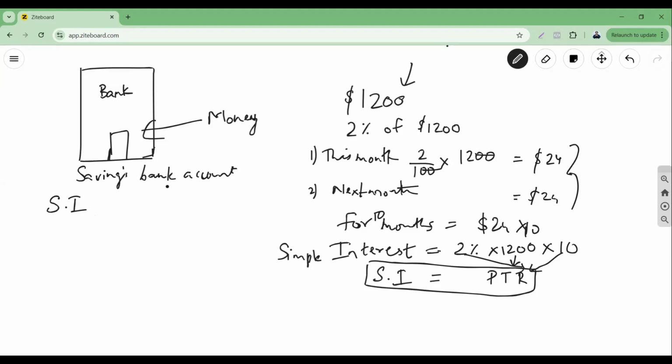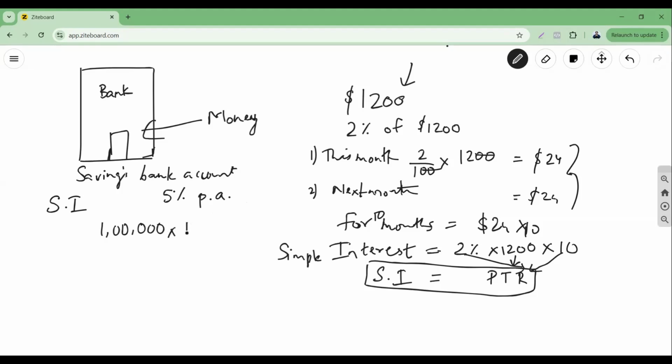And the bank would have set the interest rate, meaning R, right? They would say my interest rate is 5% per annum. In the example we were discussing, we were doing per month, but the bank usually says, let's say, 5% per annum. That means if you keep 1 lakh in your bank account, at the end of 1 year, what will the bank pay you?